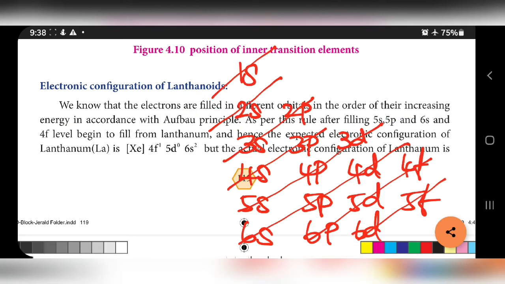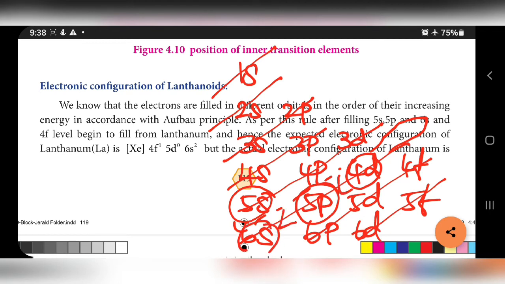See here, this is the energy level order in the Aufbau principle. After filling the 5s orbital, electrons go to the 4d orbital. After filling 4d, electrons are filled in 5p. After 5p, electrons are filled in 6s.